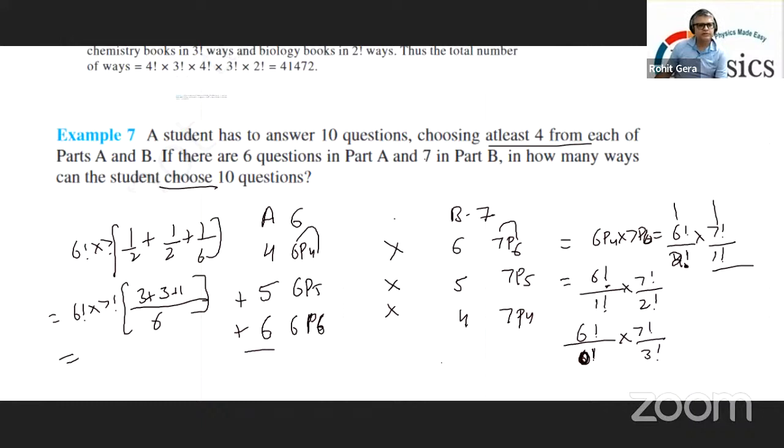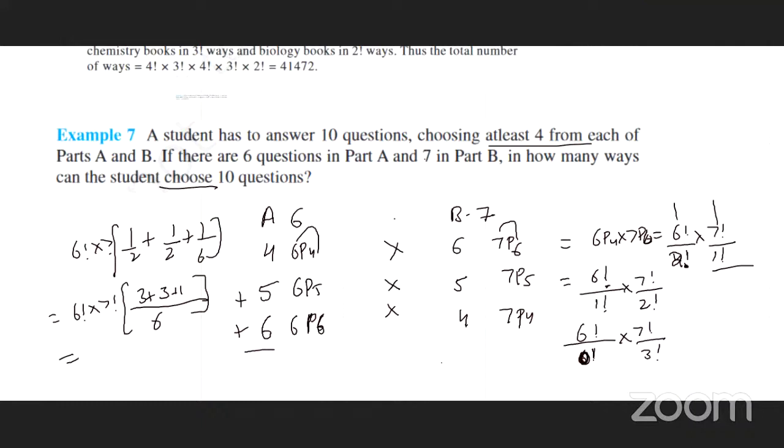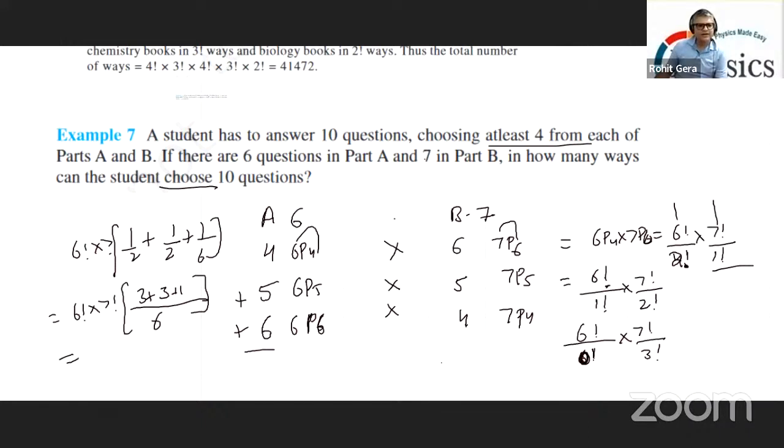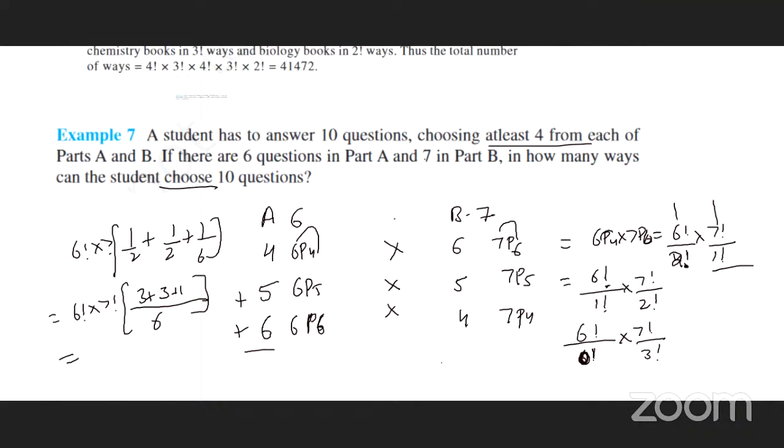Okay, let's see. Oh, sorry. It was a selection. So this was a combination question, not permutation. That's why it wasn't feeling right to me. This actually is C. Okay, leave it.